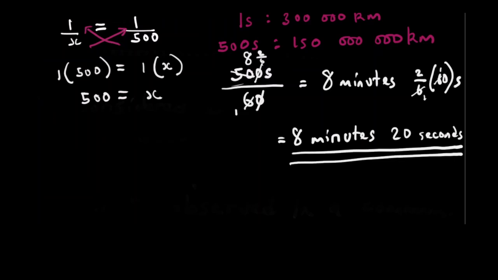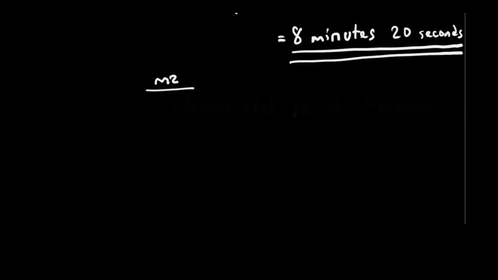Let us try out a second method. For our second method, we are going to use our conventional way of calculating time when we have the speed and the distance. We know from this triangle that speed is equal to distance over time.